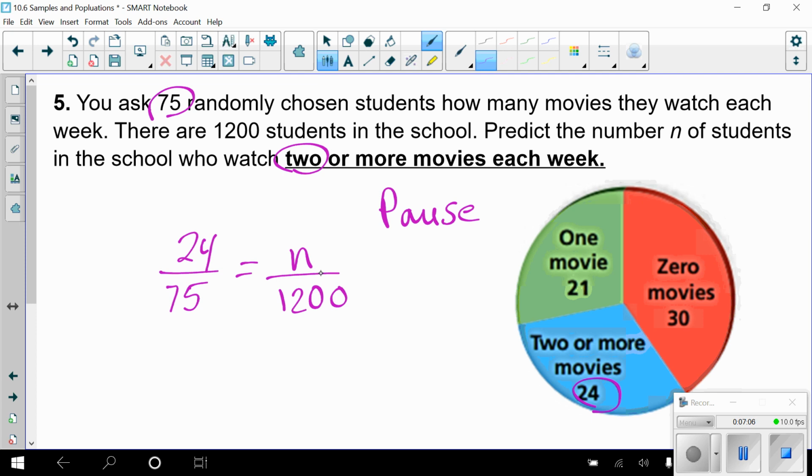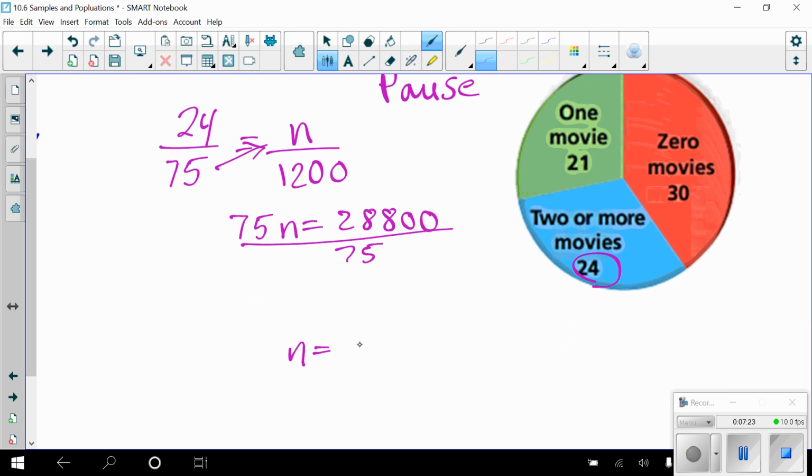Cross products will give us 75N equals 28,800. Divide by 75, and we find out that there are 384 students who watch 2 or more movies out of the total 1,200 students.